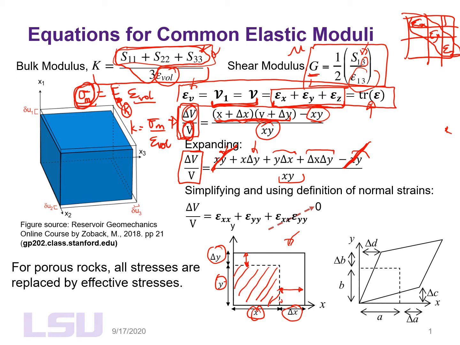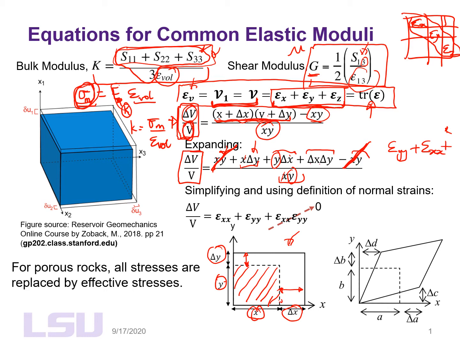And you're left with only 3 terms. What's x delta y divided by xy? X cancels out, right? So you're left with delta y over y. And what's delta y over y? Epsilon yy. How about this? Y cancels out, right? So you're left with delta x over x. What's delta x over x? Epsilon xx. Strain in the x direction.